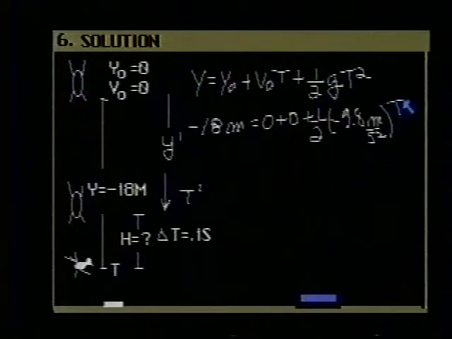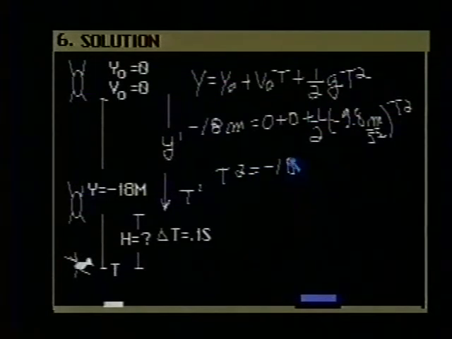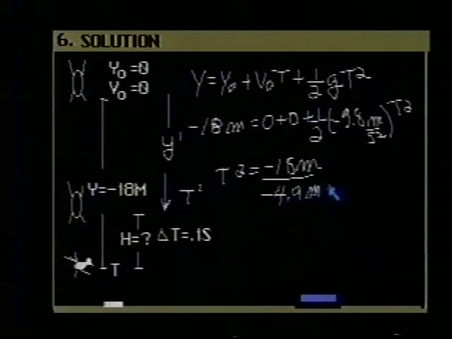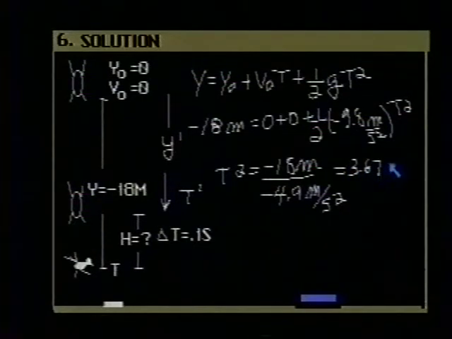If we solve this for t squared, we get that t squared is equal to minus 18 meters divided by 1/2 of minus 9.8, which is minus 4.9 meters per second squared, and that quantity gives us a value of 3.67 seconds squared.